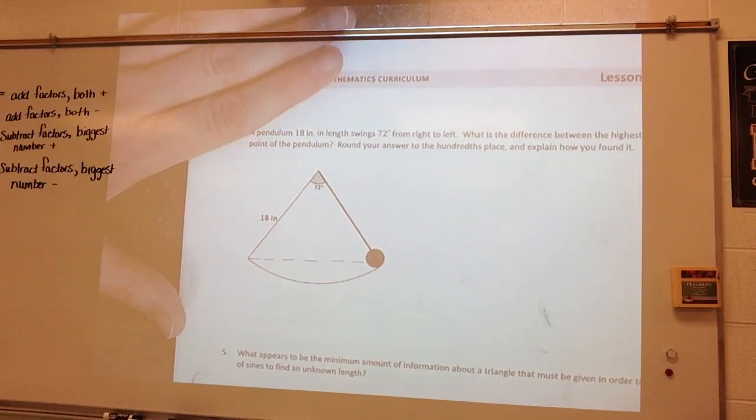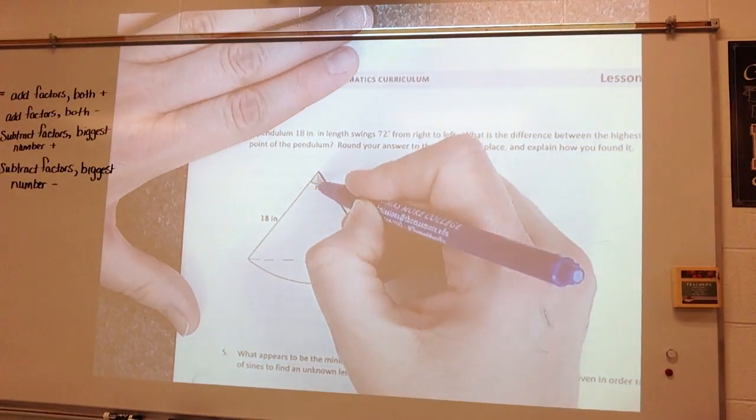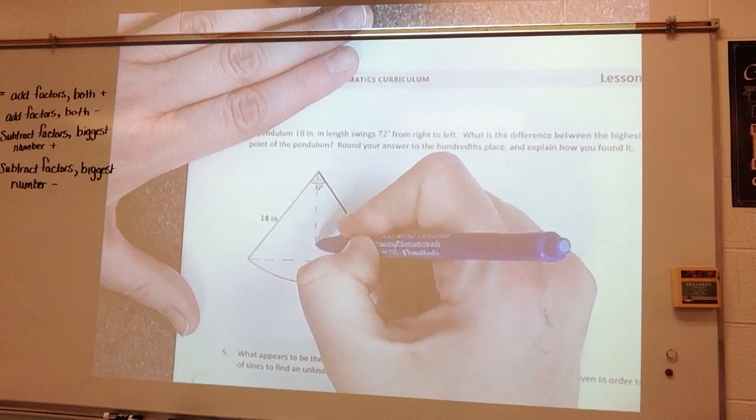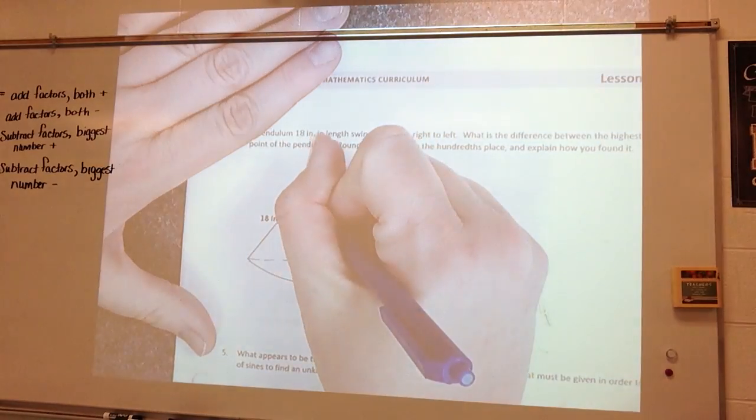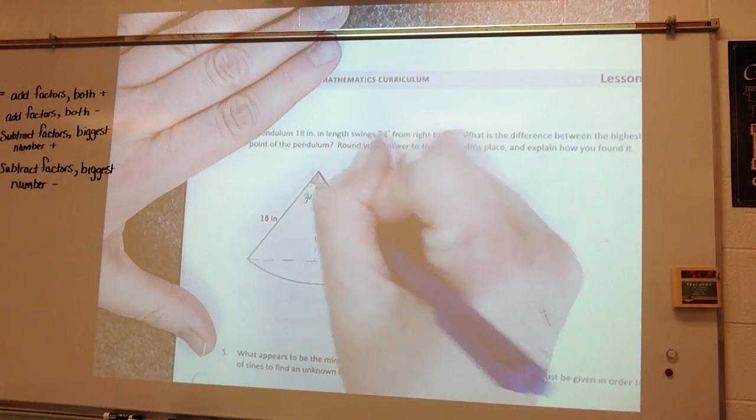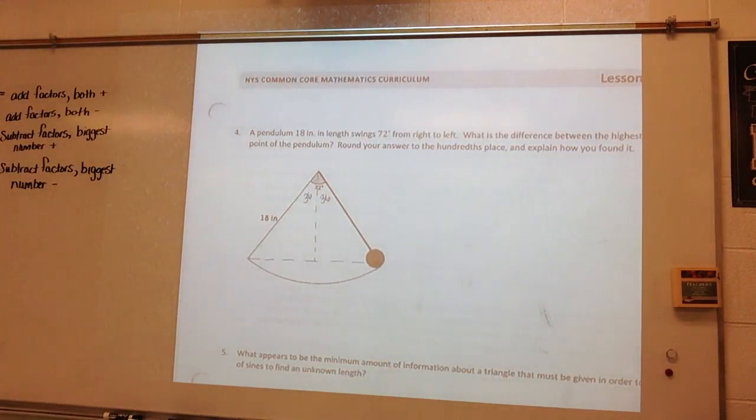And like I said, I could bisect that angle. So therefore, I now see a 36-degree angle here.